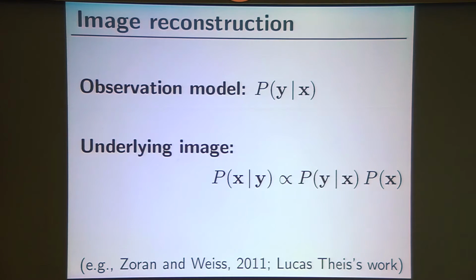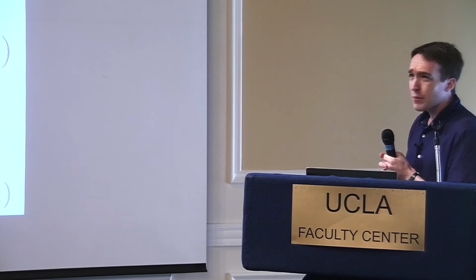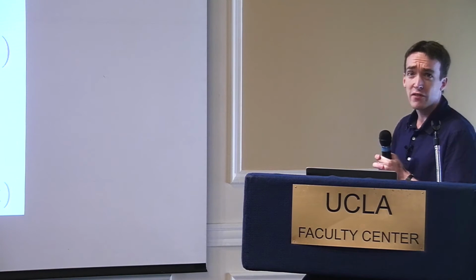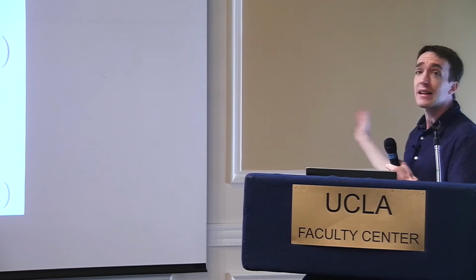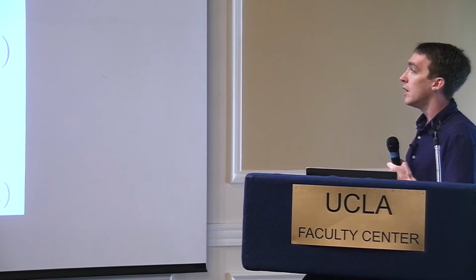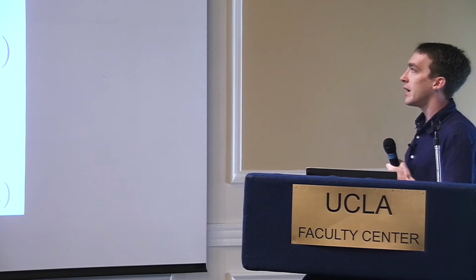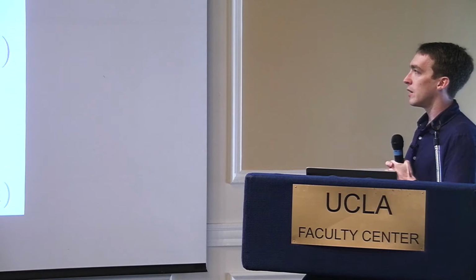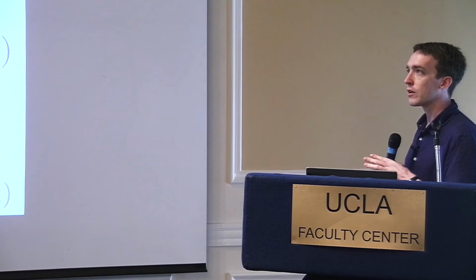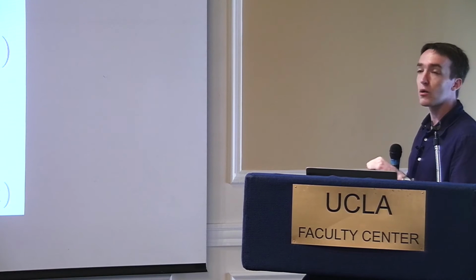I was chatting with Iain Weiss about this, and he said, well, who said that you were supposed to extract these filters and throw them into an SVM in the first place? So here, when you've got an observation model and a model of underlying images, it's clear how to proceed. The probability calculus tells you what to do. And so it's really worth evaluating the models and working harder. What concerns me a bit about a lot of the feature learning at the moment is there aren't clear inductive principles that tell us what we should be doing.